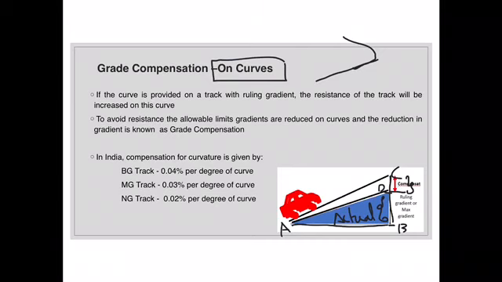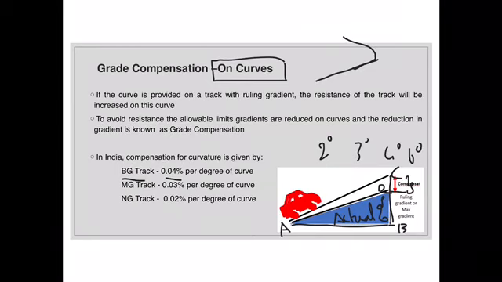That depends upon the type of the track. For the BG track we need to reduce the gradient by an amount of 0.04 percentage for every degree of the curve. The curve may be 2 degree, 3 degree, 4 degree, 6 degree, it can be anything, but the grade compensation given by the standards is for every 1 degree of the curve.